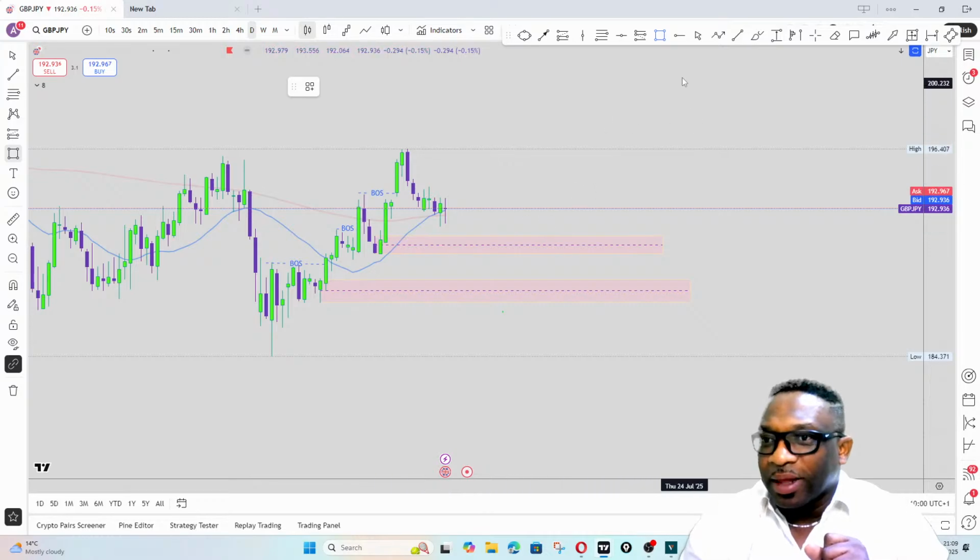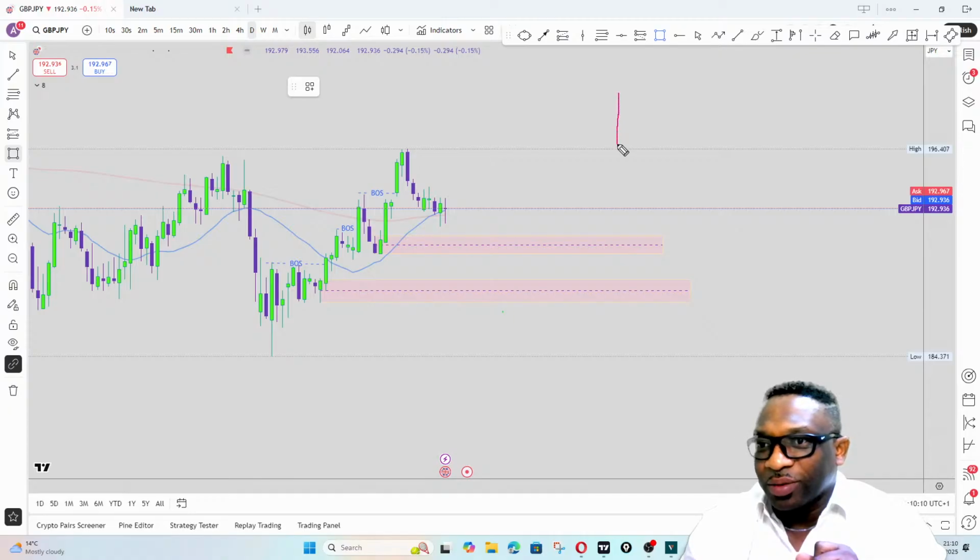So what's an imbalance, if you are new to this, is basically if you take three candles going down like that, have got a wick, and another candle going down. So this is where this candle closed.